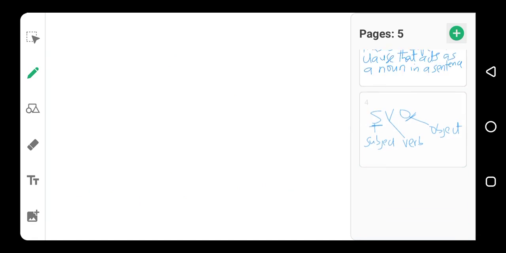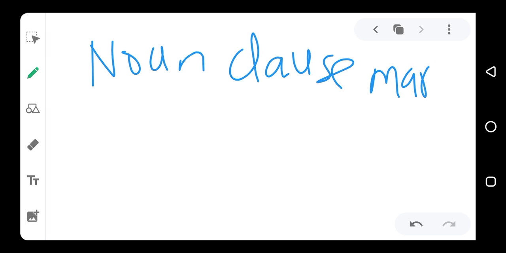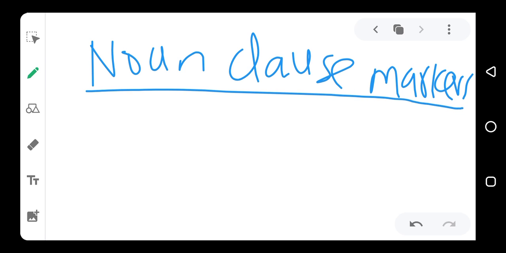Now, a noun clause is identified with certain words which we call noun clause markers. These are the words that when we see them in a sentence, we begin to suspect that whatever carries them is a noun clause.